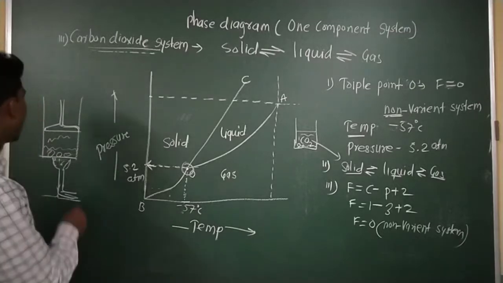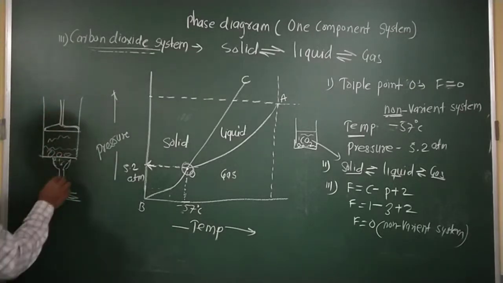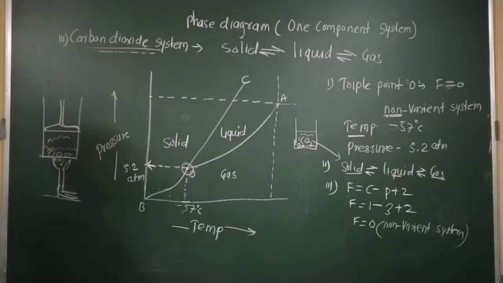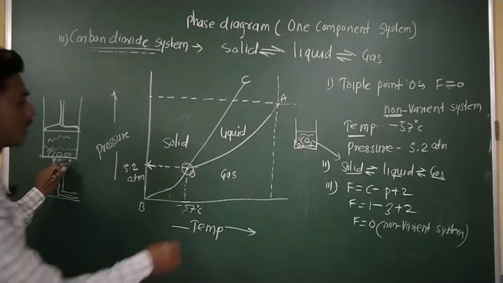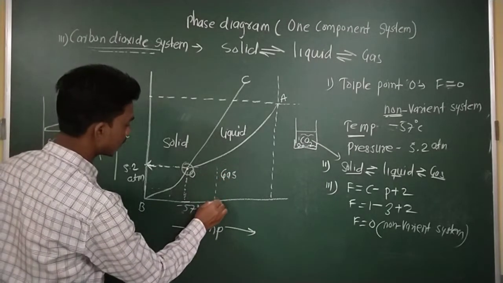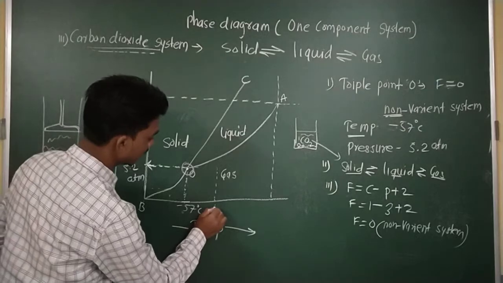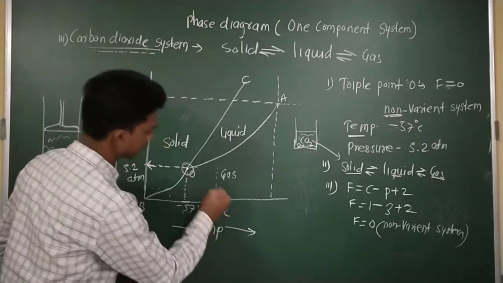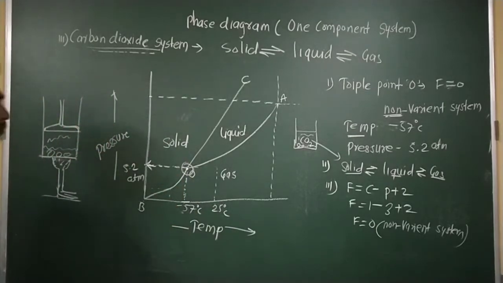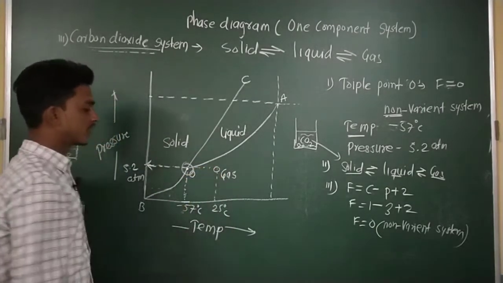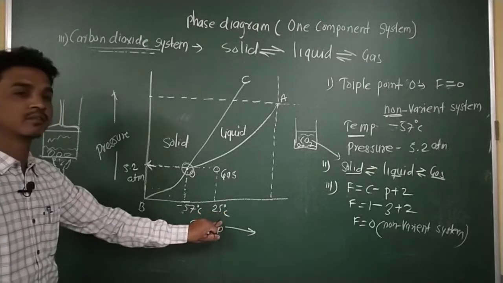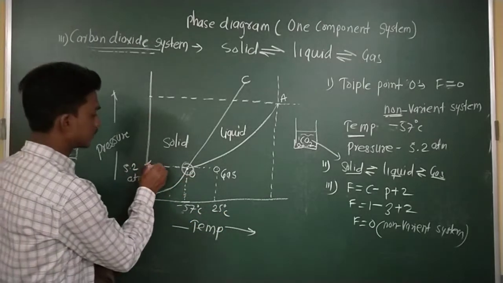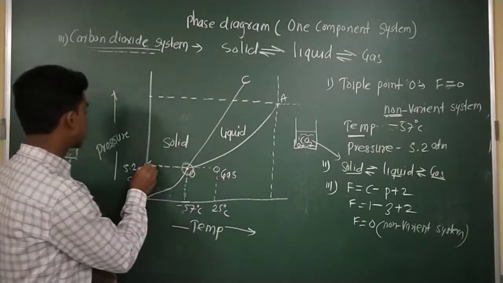When I increase the temperature up to, just as an imaginary example, 25 degrees Celsius, the temperature is increasing but the pressure is constant.